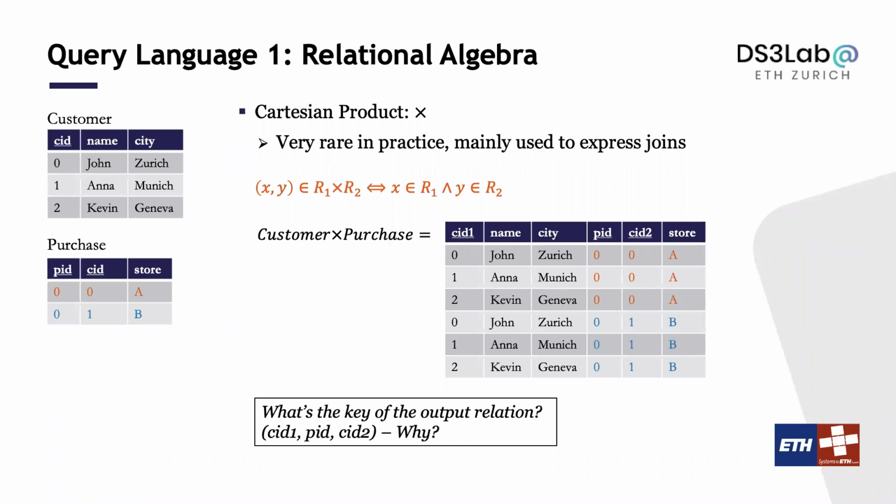Another question, on the same slide: when you rename the CIDs, because the set does not care about ordering, how does the program know which one of the CIDs to rename into what? Okay, I'm going to refine the slide to make that clear. Here I'm assuming that before the cross product, you rename the CID in customer to CID1 and the other one to CID2.